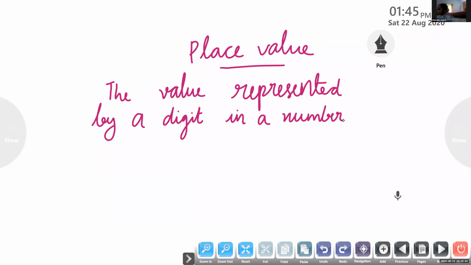NUMBER. The value represented by a digit in a number.